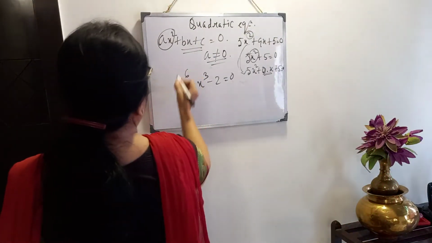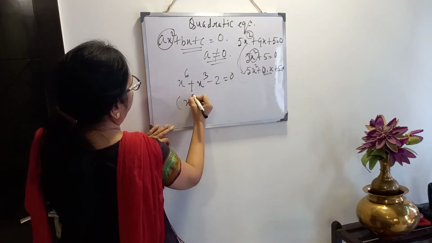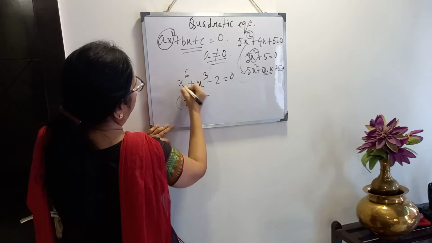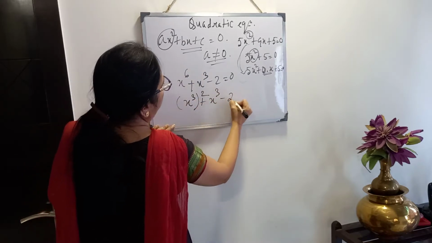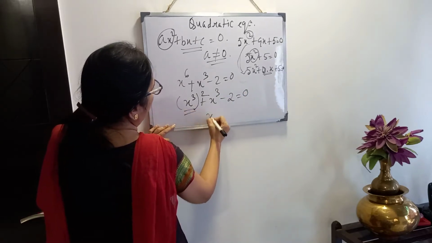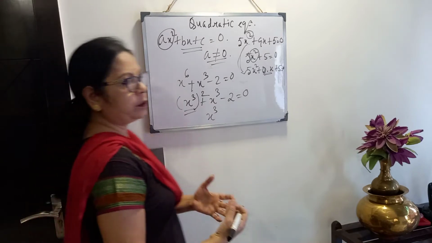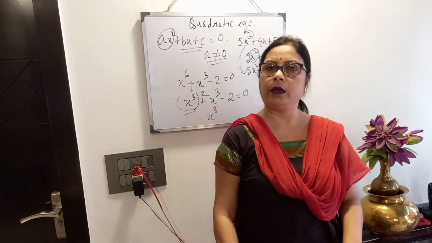Now we will arrange this in square form. So next step we can write x cube whole square, then it will become x cube whole square plus x cube minus 2 equal to 0. So with respect to x cube, this is a quadratic equation.